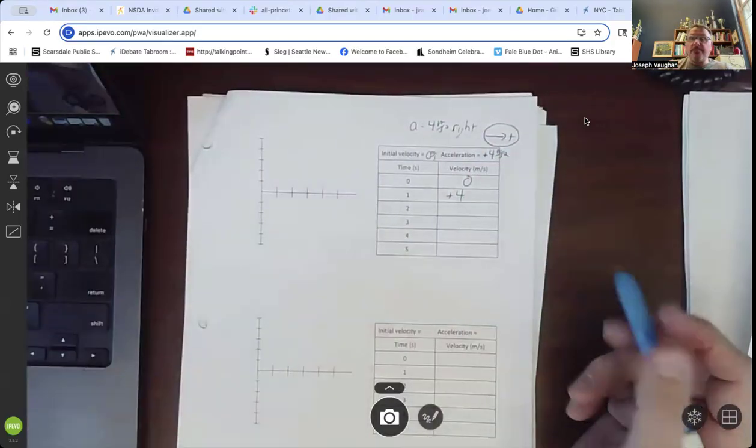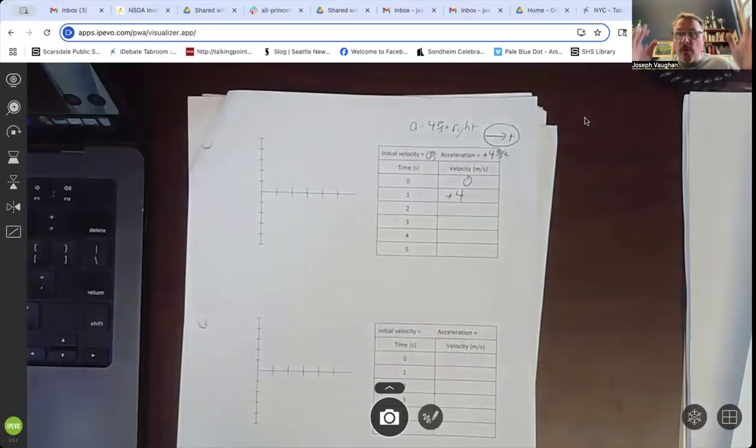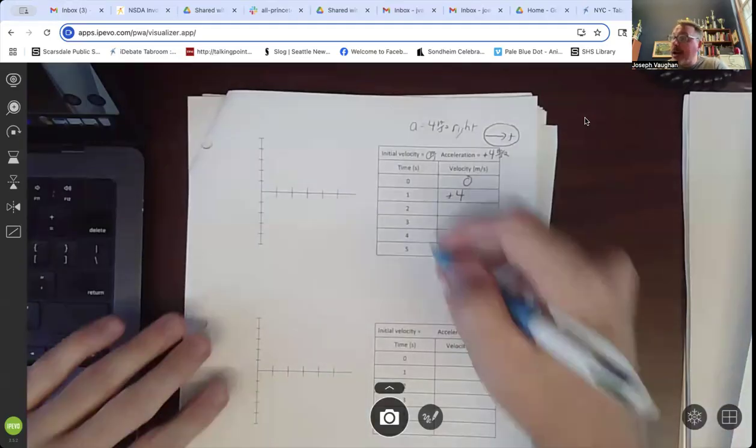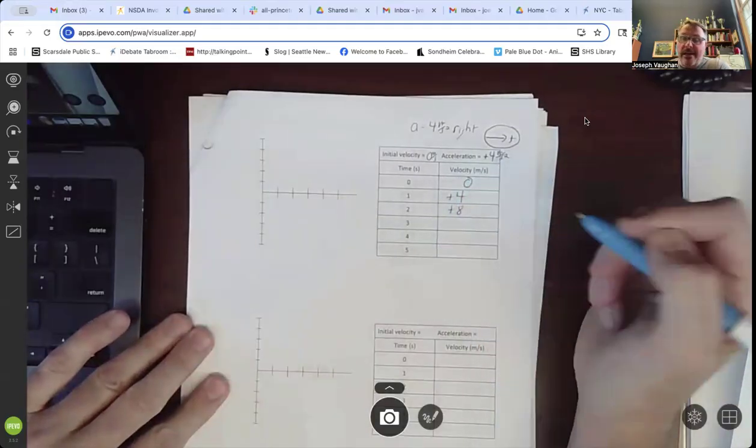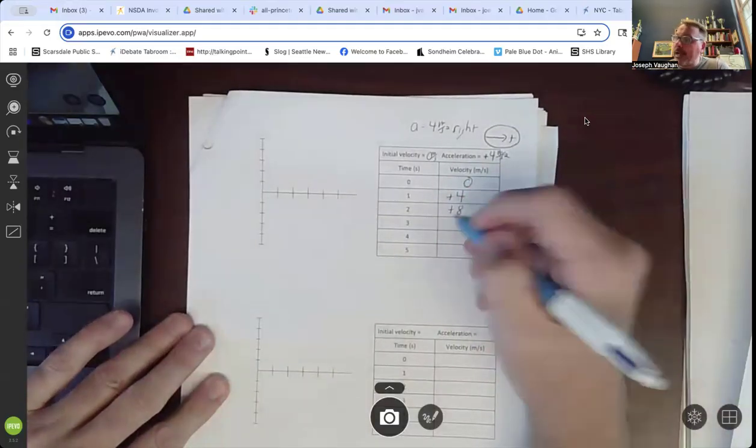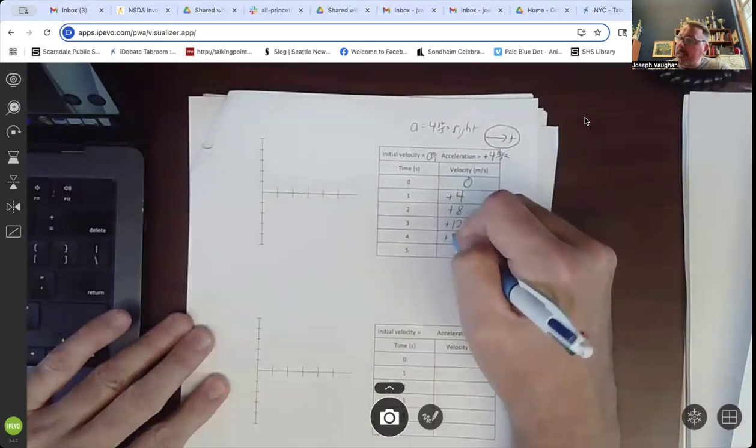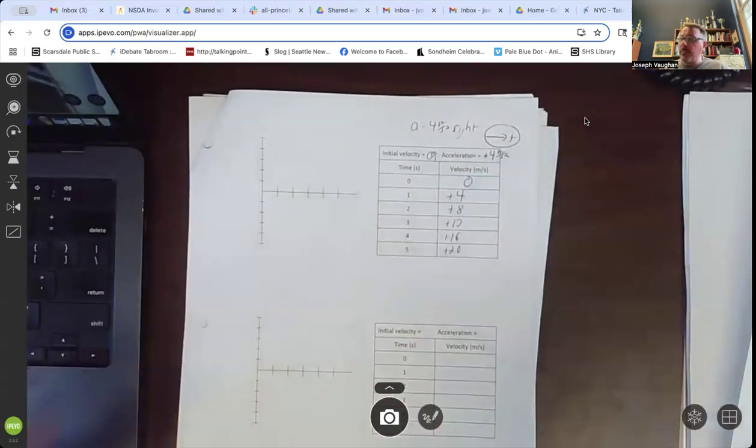After 2 seconds, I have a velocity of 4 meters per second to the right, and I add another 4 meters per second to the right, so I end up with 8 meters per second to the right. The plus means the right here. So plus 12, plus 16, plus 20. Hopefully that sequence makes sense.